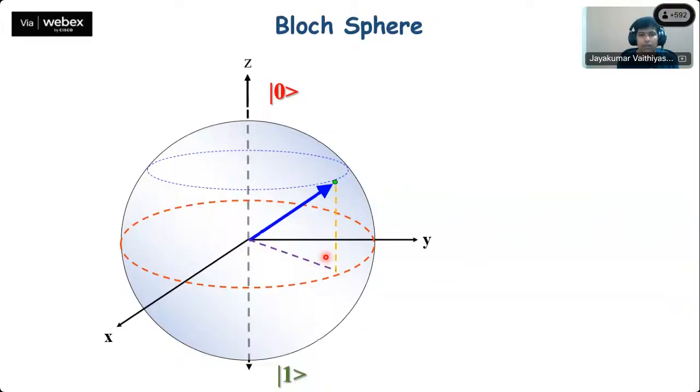Trigonometry involves angles, right? Here we got a right angle triangle, and the remaining two angles we need to know. This is called theta. The angle between your z-axis and your quantum state vector is called theta. In the same way, there is one more angle called psi.